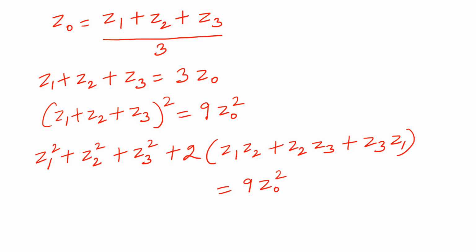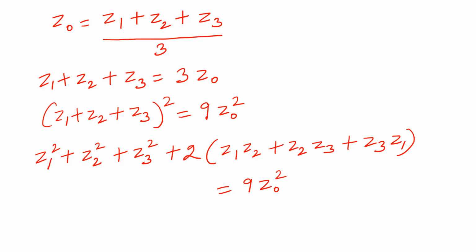Now students, at this stage we will use that property, and the property says if Z1, Z2, Z3 are the vertices of an equilateral triangle, then Z1 square plus Z2 square plus Z3 square is equal to Z1 into Z2 plus Z2 into Z3 plus Z3 into Z1.